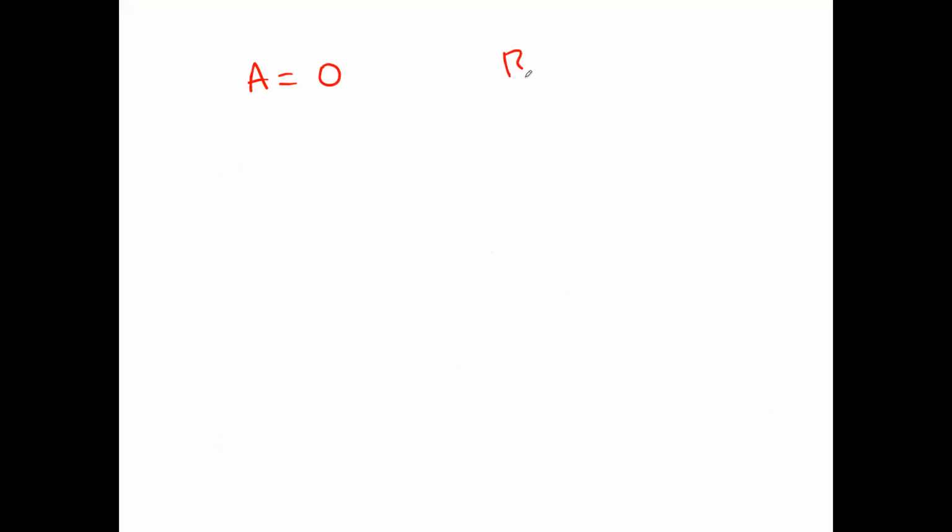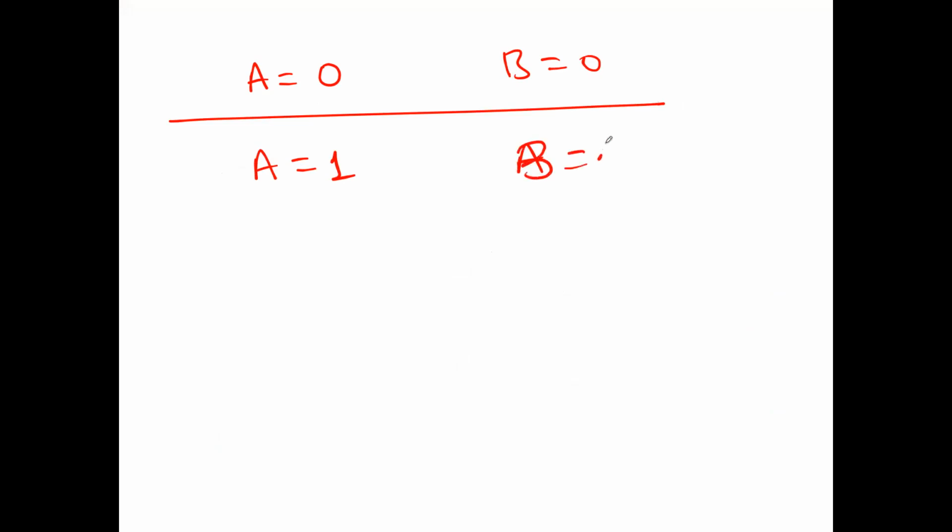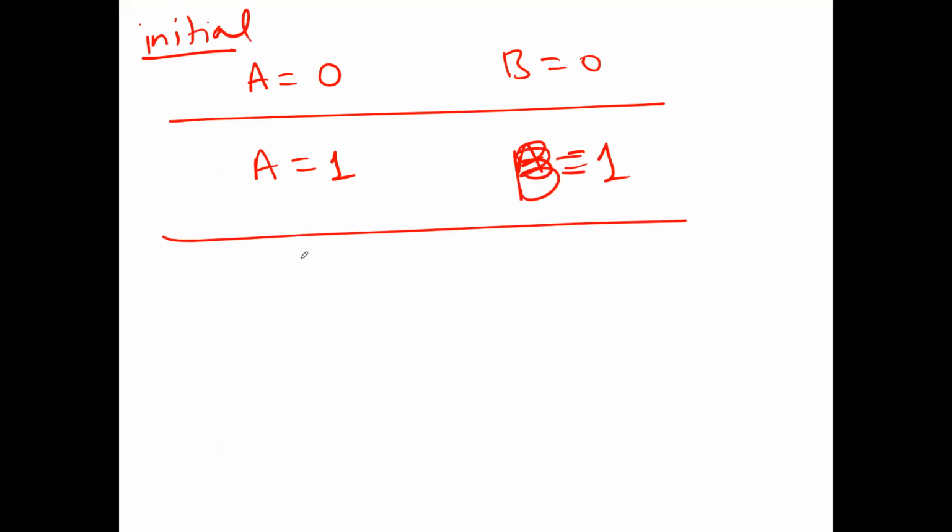So what could happen? I'm going to give you a flavor of the kind of things we can ask you in the exam. Let's say at some point, this is the initial state of the variables, and I say b equals 1. And at some point, I have these instructions.